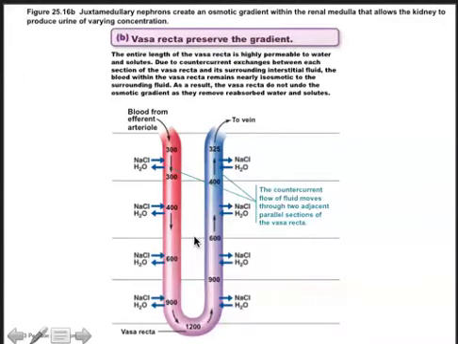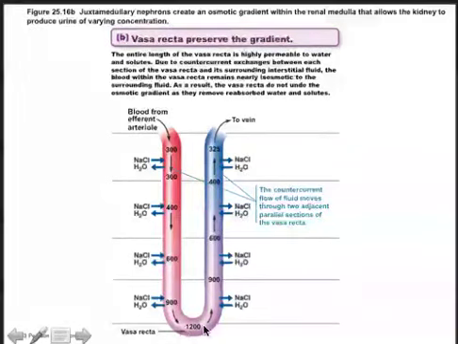Okay, the countercurrent flow of the fluid through the two adjacent parallel sections of the vasa recta is responsible for this exchange. Okay, now as we reach the bend down here in the loop, we're still in the blood vessels here. Look what's happening to the osmolarity. It's basically assuming the osmolarity of the surrounding fluid.